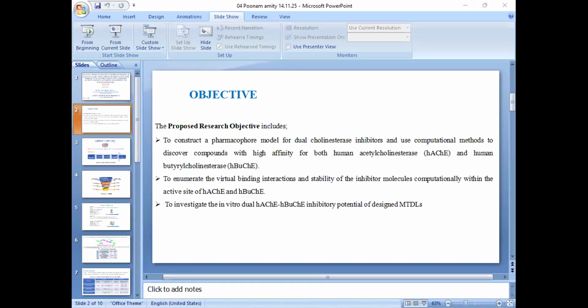The pharmacophore model was designed and validated using the GH scoring method, that is the Güner-Henry scoring method. The acetylcholinesterase was found to have a value of 0.7, and butyrylcholinesterase a value of 0.8, both above the recommended GH scoring value, that is, it should be more than 0.5.